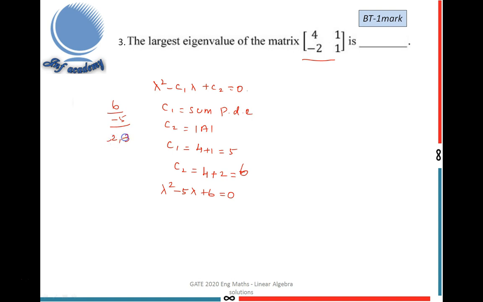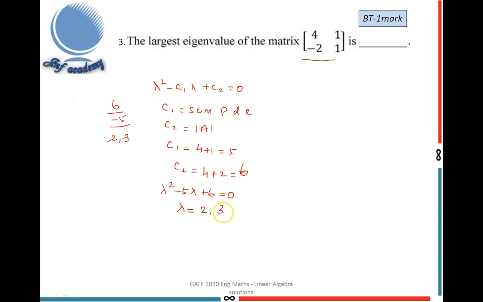So put minus, minus. Now the multiplication of these two numbers is 6 and the addition is minus 5. So the roots of this equation are 2 and 3.